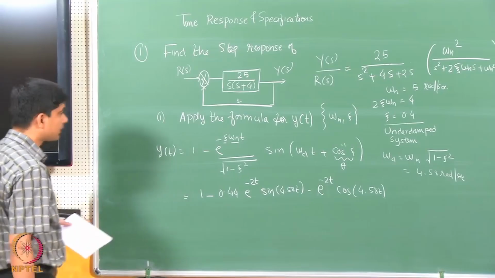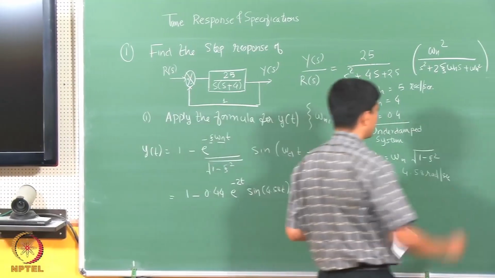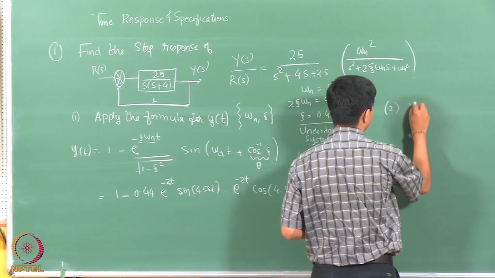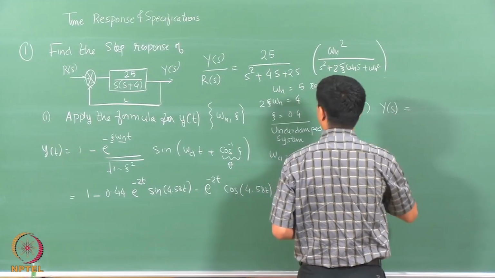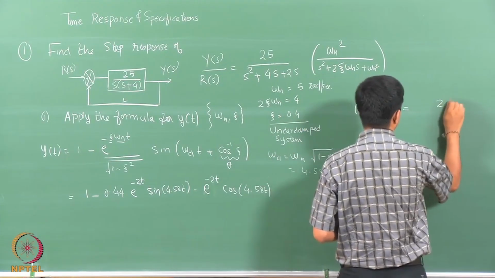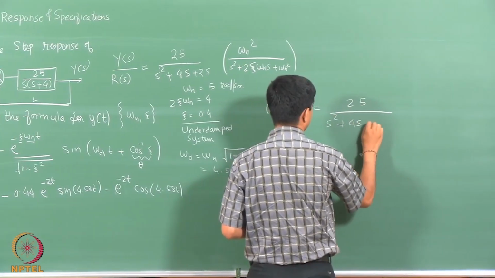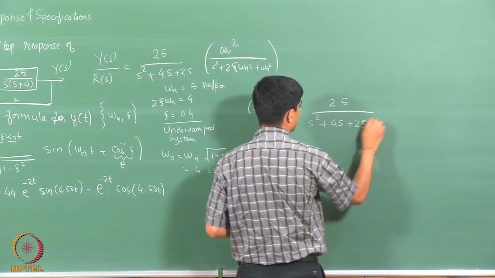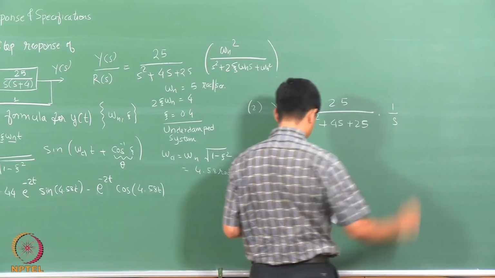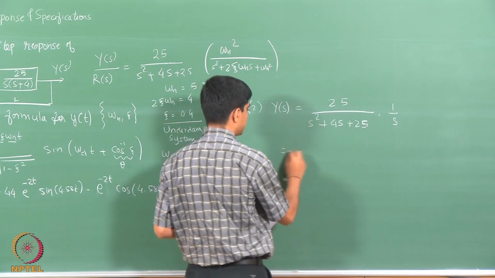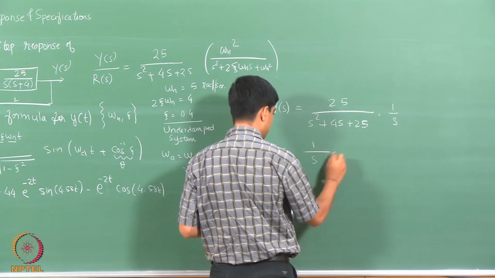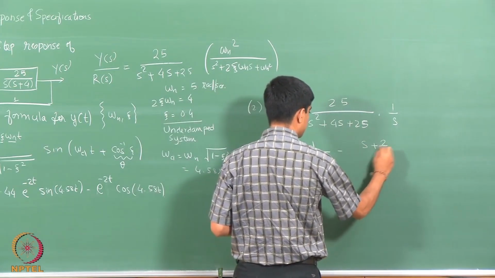Okay. Another way to do it: I know Y(s) is 25 over s square plus 4s plus 25 times 1 over s, and I could just write this down in this way.